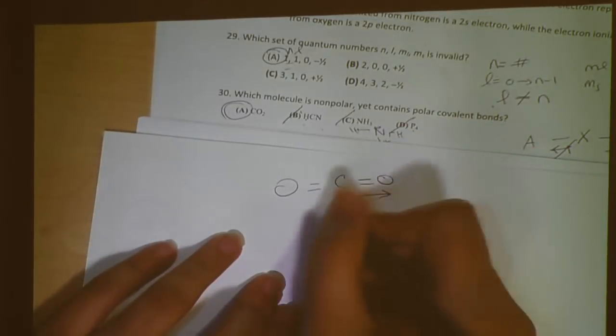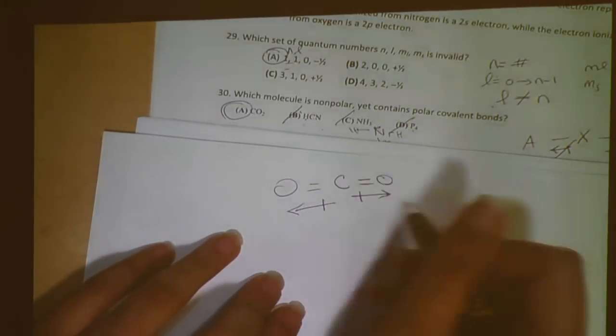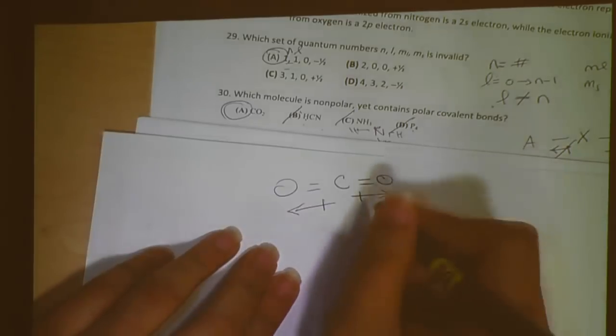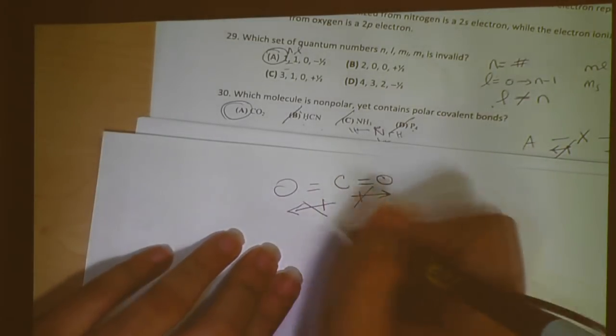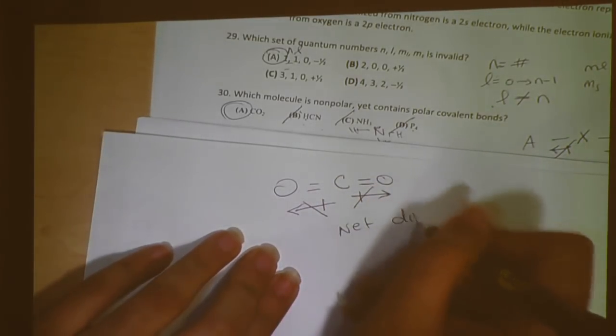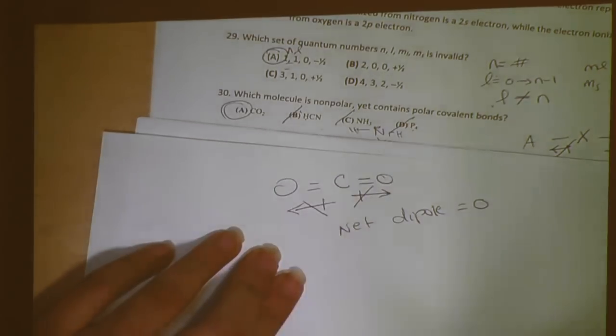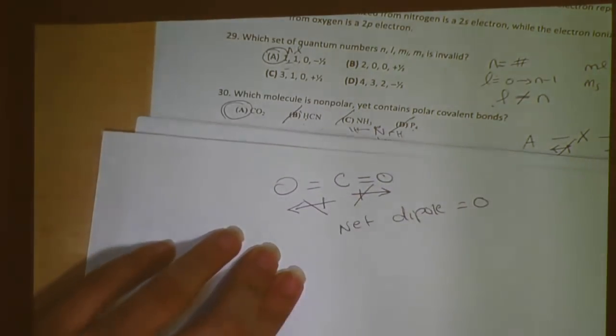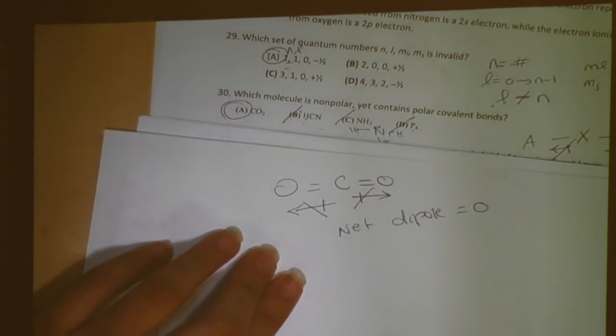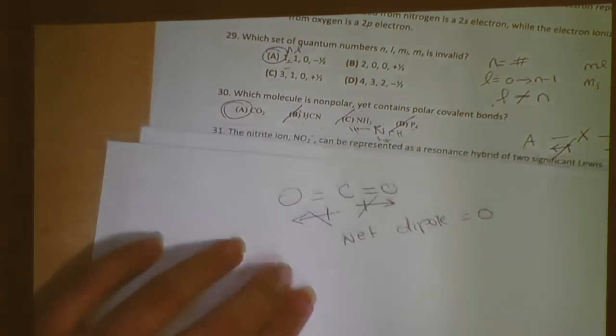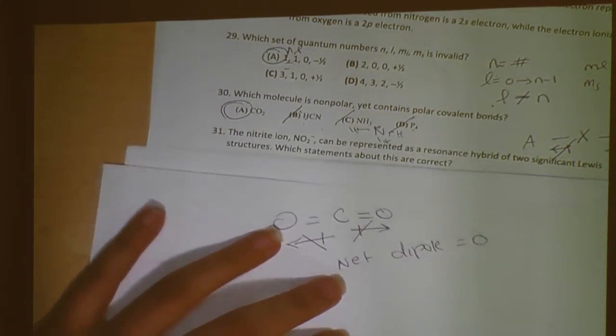Even though they both have polar bonds, they are symmetrical, so they have a net dipole of 0, making it nonpolar. And there are no lone pairs around the C, the central atom, which is another thing that shows you it's nonpolar. Okay.